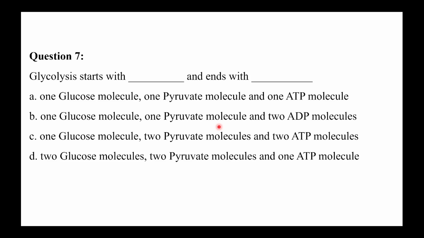Option B: one glucose molecule and ends with one pyruvate and two ADP. Option C: one glucose molecule and ends with two pyruvate and two ATP. Option D: two glucose molecules and ends with two pyruvate and one ATP.